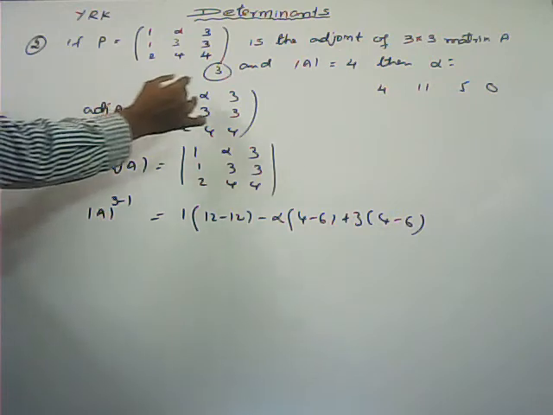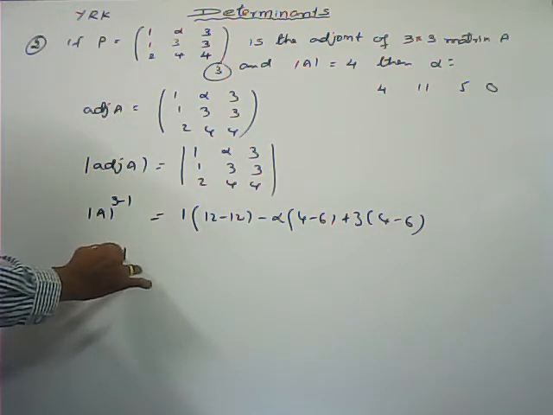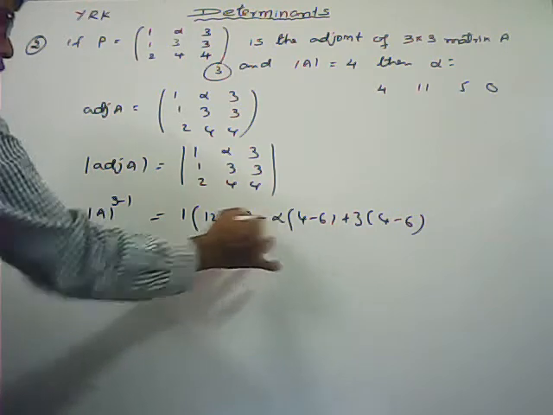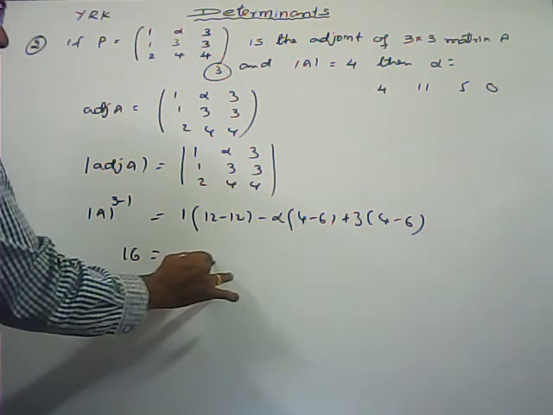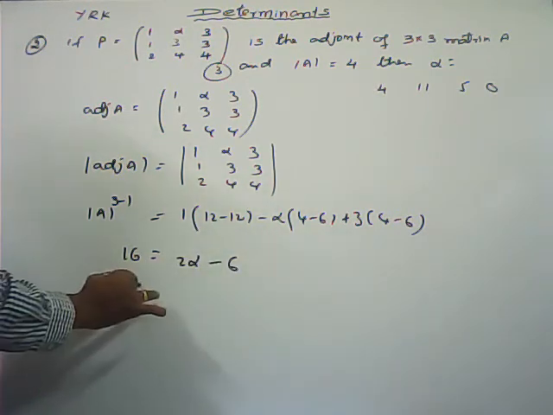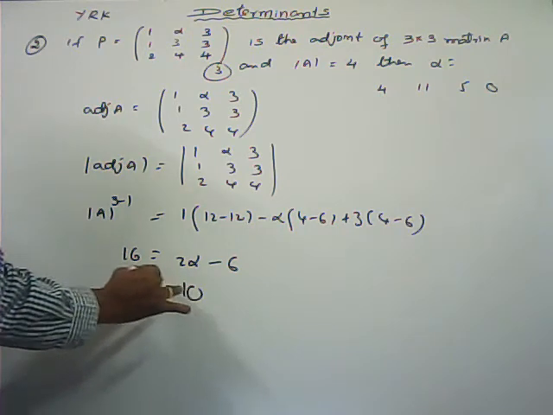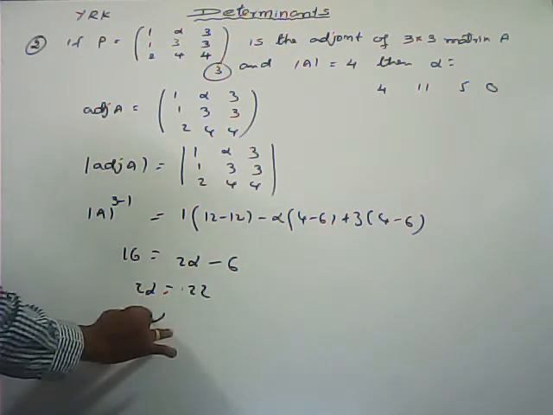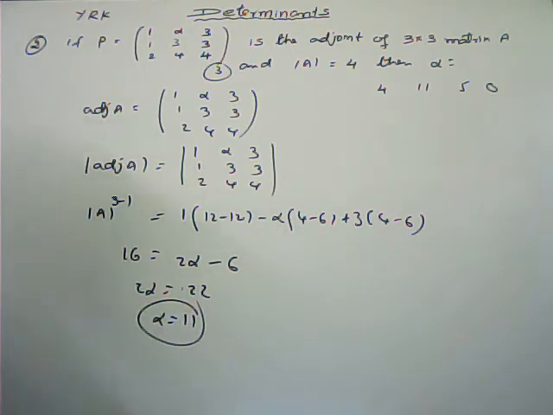Here what about det A? Det A is equals to 4. 4 square, that is 16. This is 0. Here minus 2 plus 2 alpha minus 6. So 2 alpha, that is equals to 16 plus 6, 22. Alpha is equals to 11.